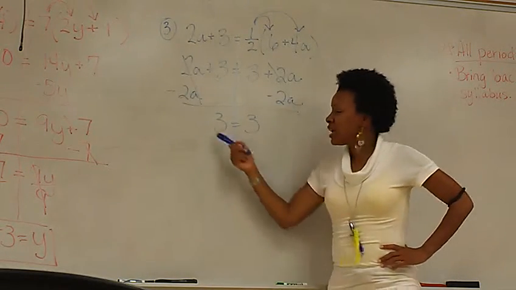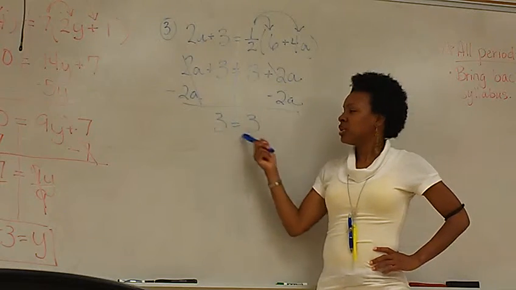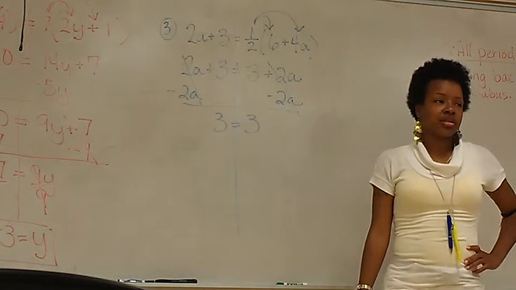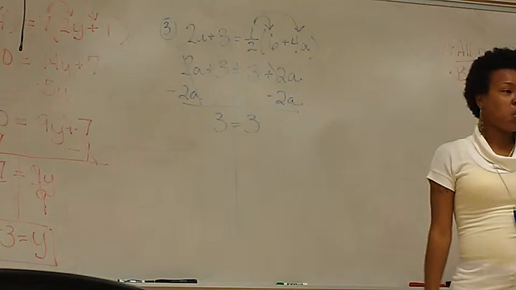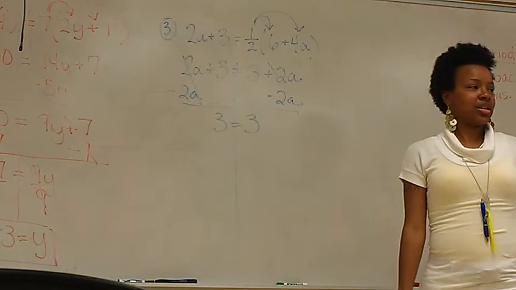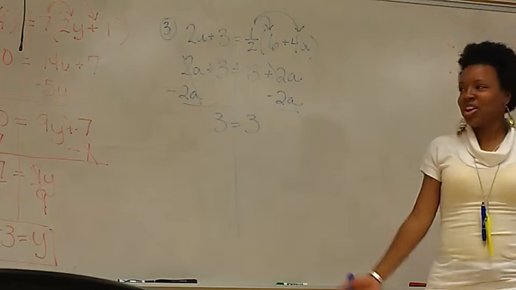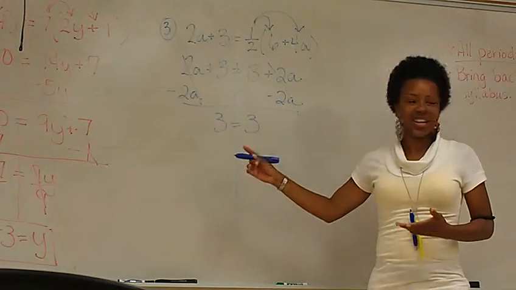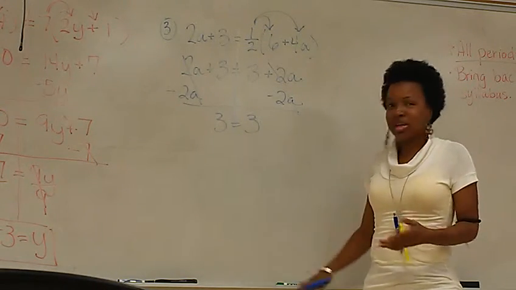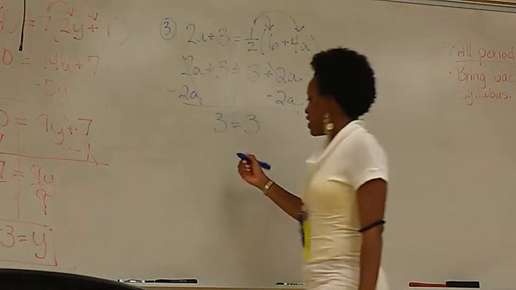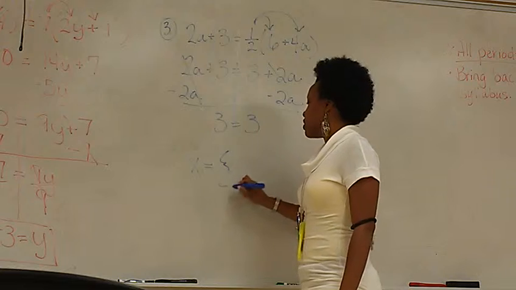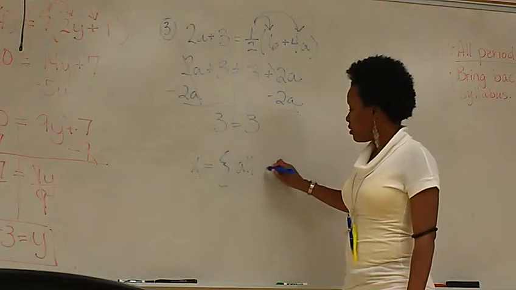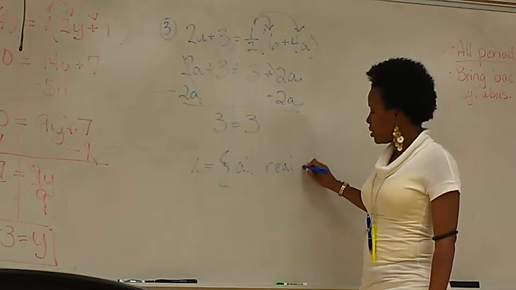So this is what you have to ask yourself. When does 3 equal 3? When it's by itself. When does 3 not equal 3? Never. 3 always equals 3, right? So your answer is A is the set of all real numbers.